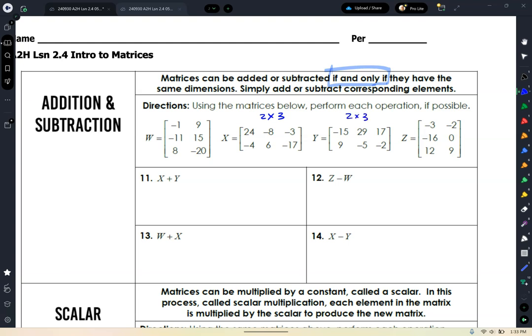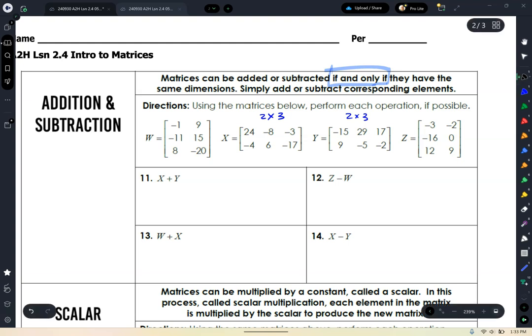Okay, so we can add those, right? Because they have the same dimensions. So then what is the result of our answer going to be in terms of dimensions? It's going to be a 2 by 3, right? It has to be. Because if we're just adding the elements, we've got a 2 by 3, we're adding a 2 by 3, we're just combining that many elements, we're going to have a 2 by 3 for an answer, right?